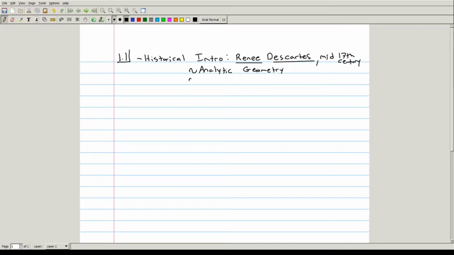And the idea of using coordinate systems to study things in geometry, study problems, and get a better understanding of certain problems of geometry and other applied problems.